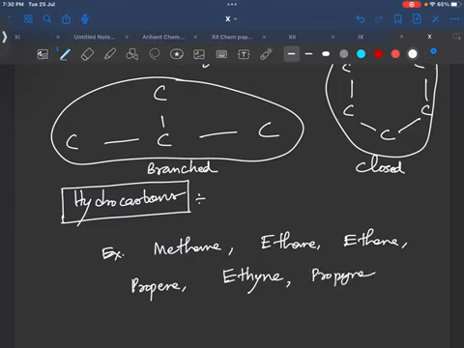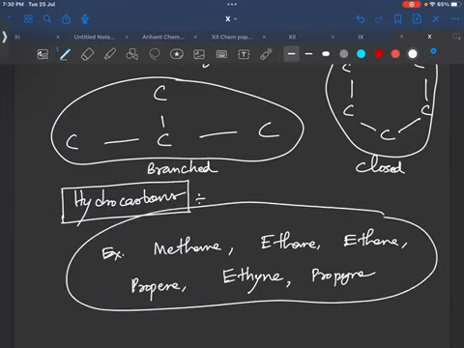These are some of the examples. Okay? We'll see later. Their formula we'll see later. So what is common in them is these are all made up of carbon and hydrogen.